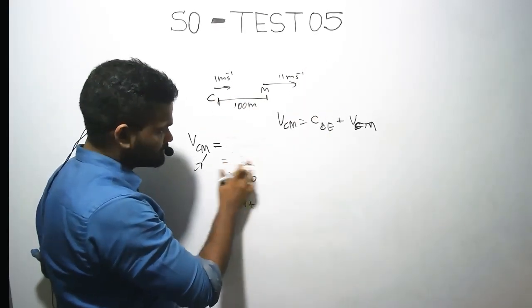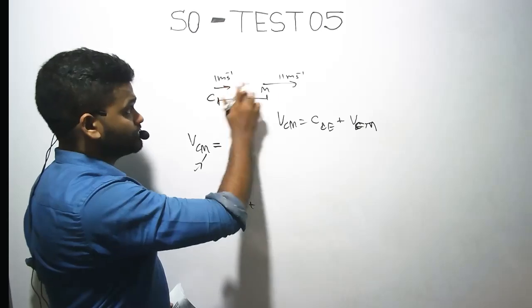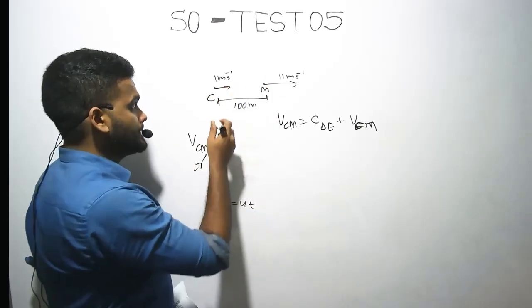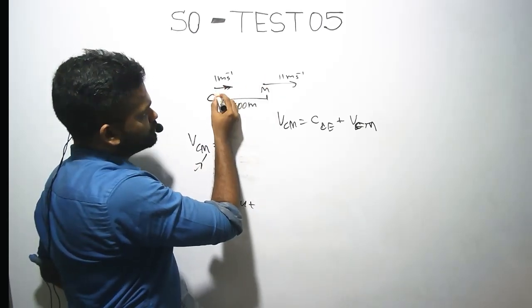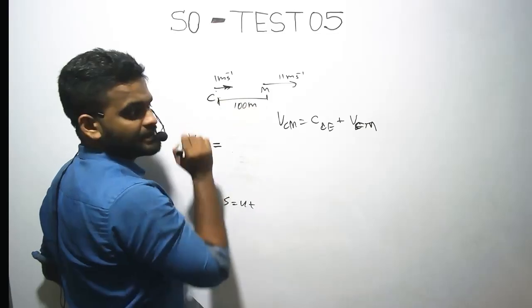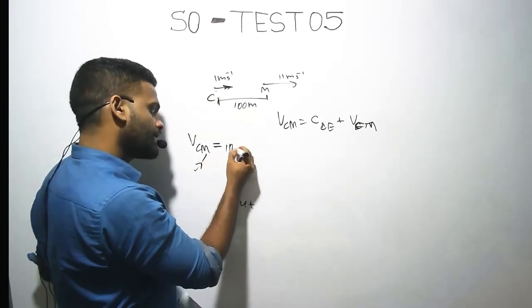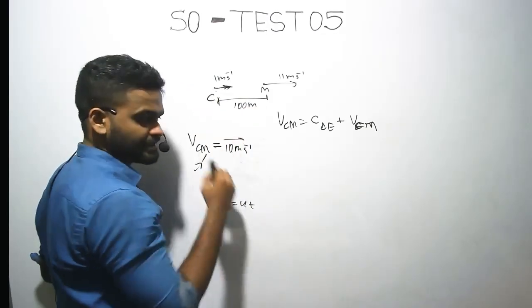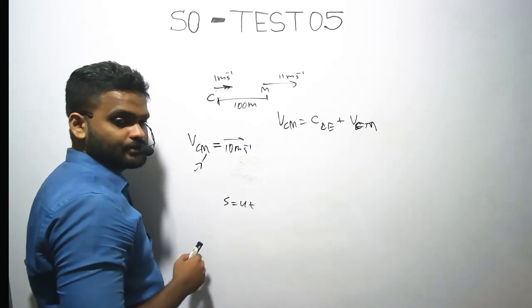The difference of velocities is 10, right? So the cyclist has to do 100 meters at 10 meters per second. Then apply S equals ut.